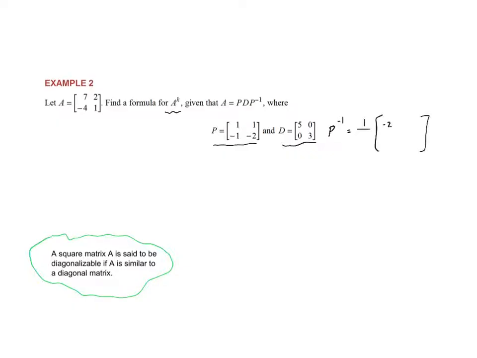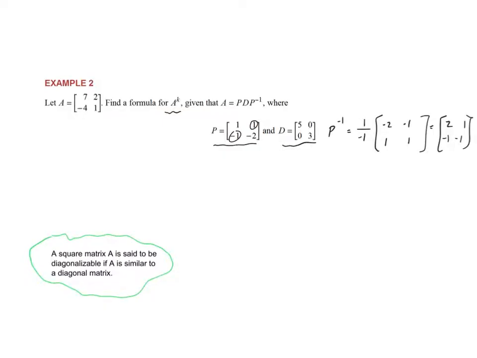So I'll switch these two, -2, +1, and negate that one, which becomes a +1. And what is my determinant for P? 1 times -2 is -2, minus 1 times -1. So that would be plus 1. -2 add 1 is -1. And so my entries are now 2, 1, -1 for P inverse.